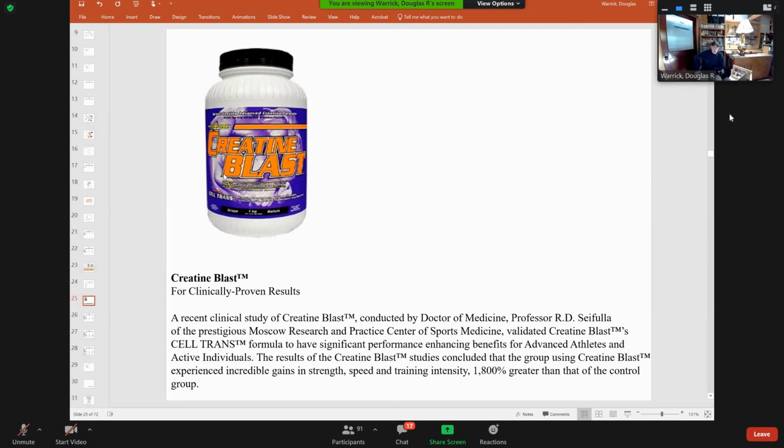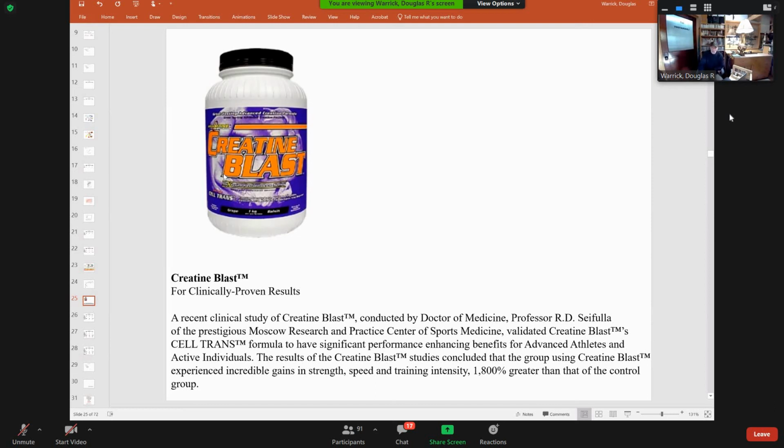Here is creatine blast for clinically proven results. Recent clinical study at creatine blast conducted by Doctor of Medicine, Professor R.D. Sefula of the prestigious Moscow Research Institute and Practice Center of Sports Medicine. I give it to you that they know how to mess around with metabolisms.